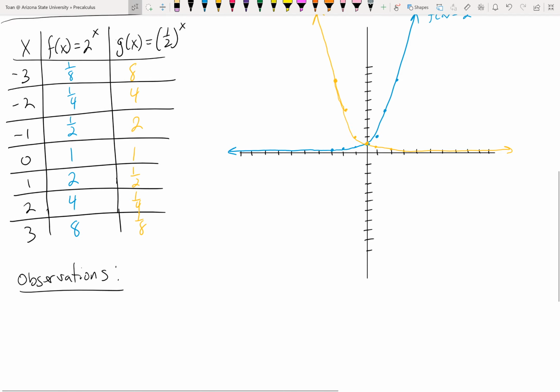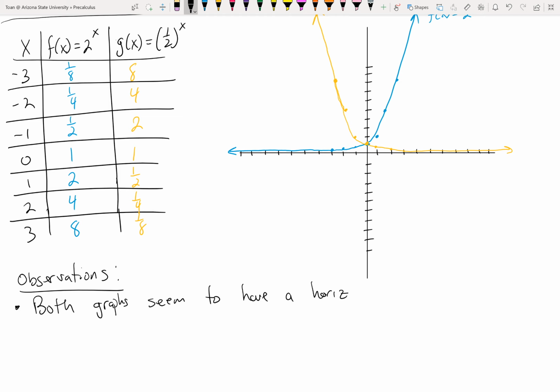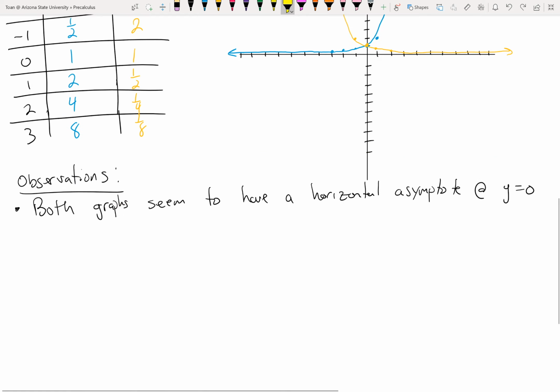One similarity is that both graphs seem to have a horizontal asymptote, specifically at y equals 0. We can see on the graph here that at the x-axis, y equals 0, the graph seems to hover above that line.